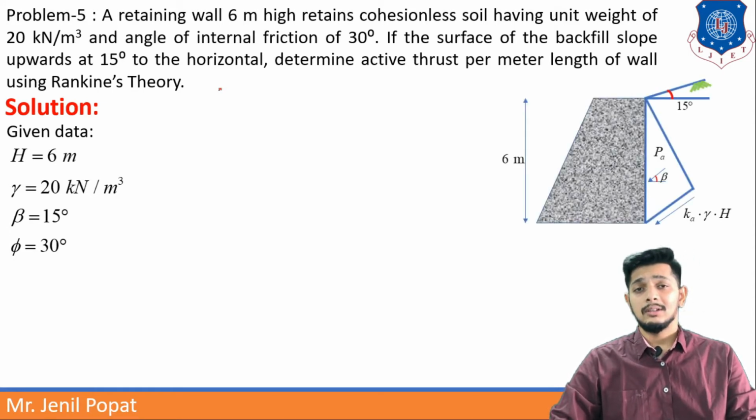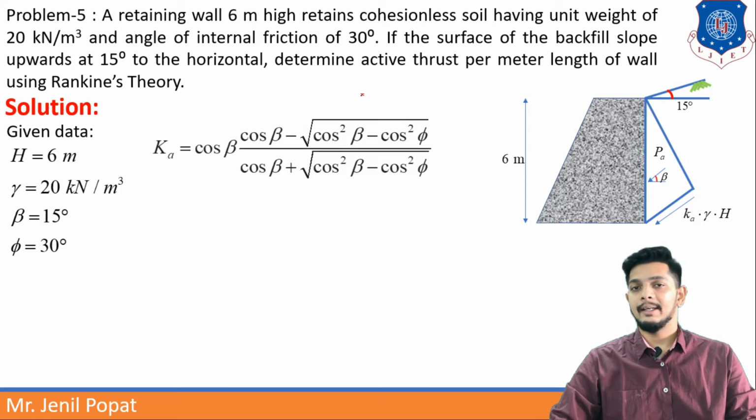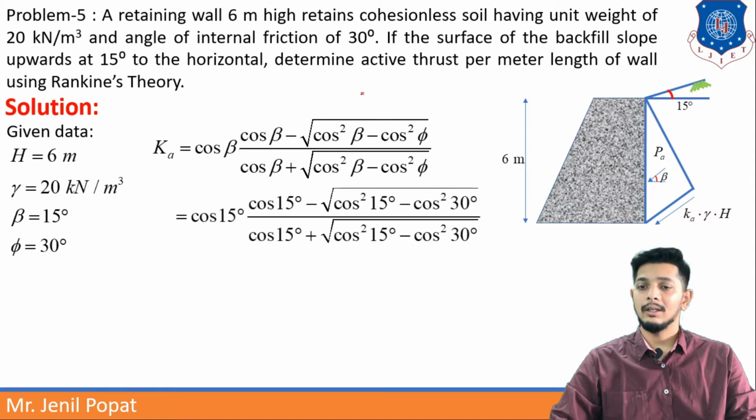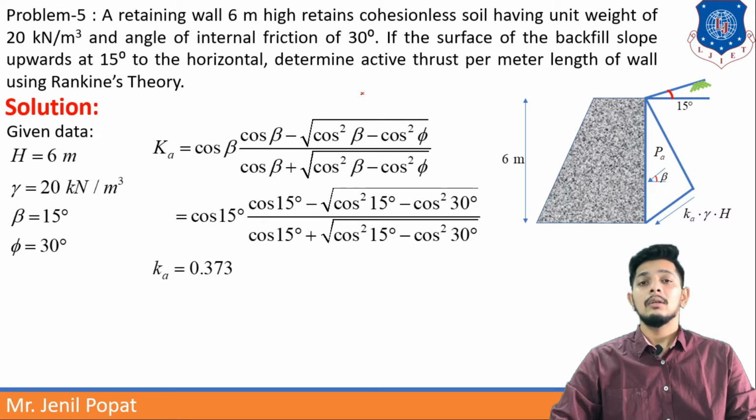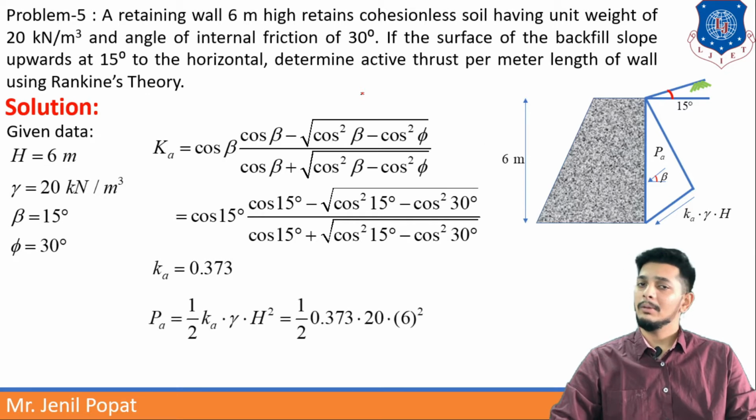Now we can understand this like that. Surcharge angle is given as 15 degrees. So the surcharge will be inclined, and K can be found out with the formula we have discussed earlier, and K I am getting is 0.373. In this case, if I get K right, then everything will be easier.